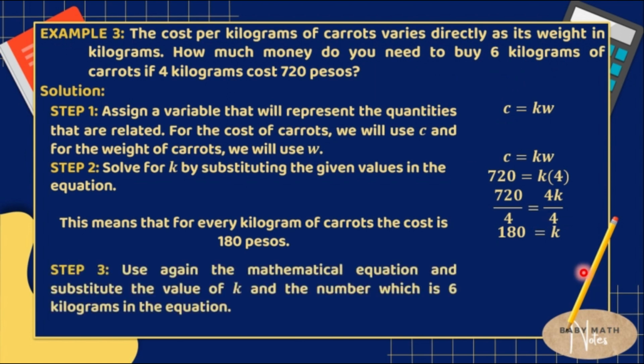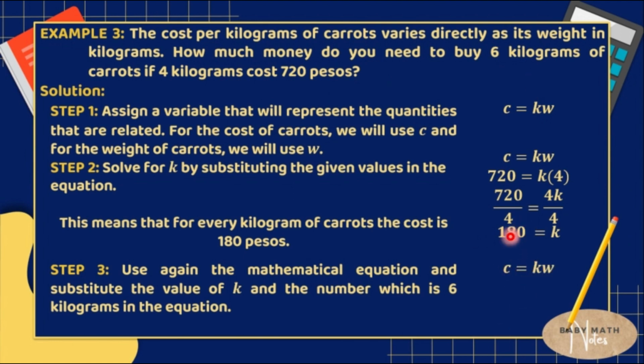So, step number 3, we are going to use again the mathematical equation and we are going to substitute the value of k and the number which is 6 kilograms in the equation. So, 6 kilograms yung given, hahanapin natin kung magkano yung halaga nun by simply using our mathematical equation.